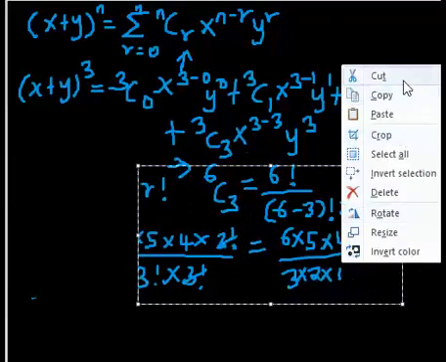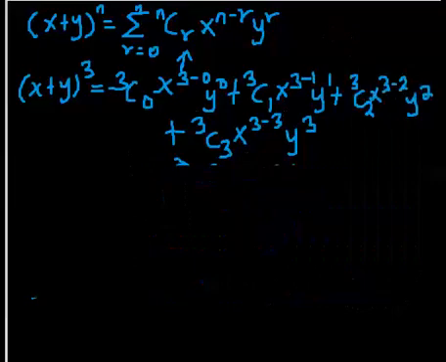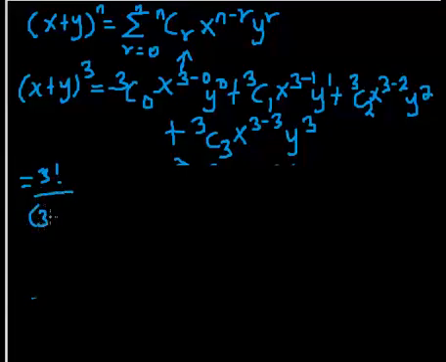All right, so let's now do our work. So this is going to be equal to 3 factorial divided by 3 minus 0 factorial, then times 0 factorial.